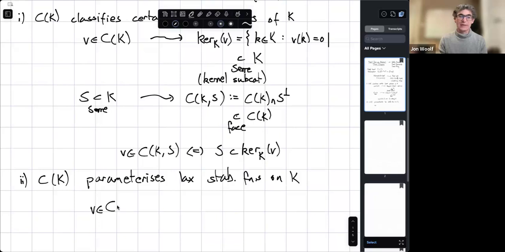If I am given a vector v in C(K), then I can talk about the tangent cone to the heart cone at that vector.